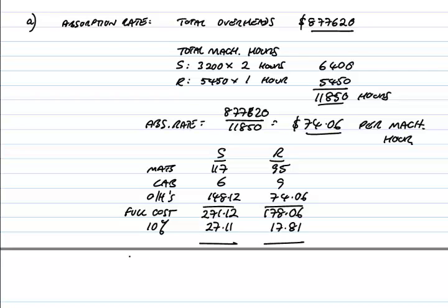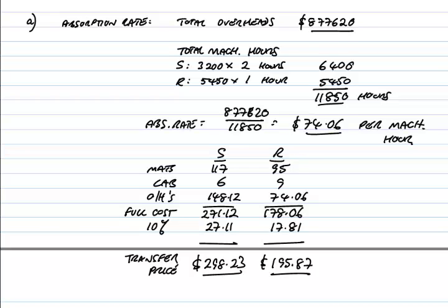Giving the transfer price for S, 298.23, and for R, 195.87. So only 3 marks there. It took me a while, but never mind. That's part A.